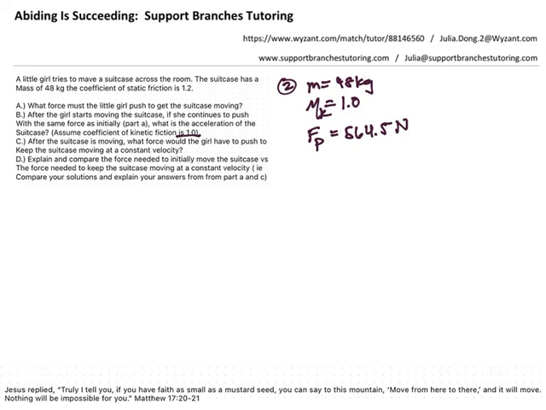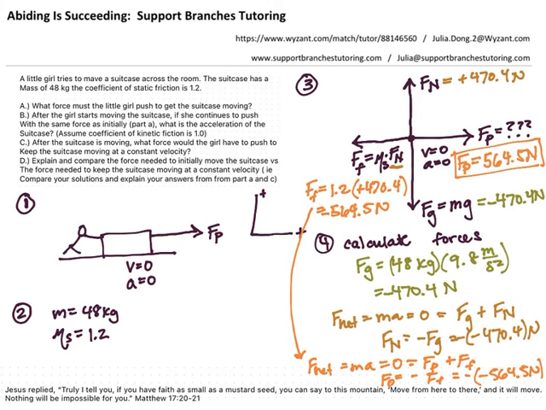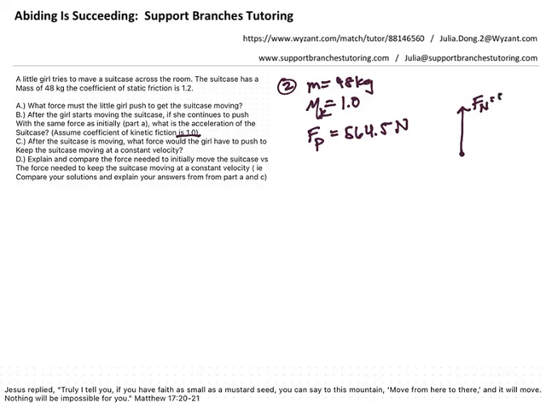And everything else we have in terms of our free body diagram is going to look very similar. We still have the normal force, and the normal force should still be the same thing, 470.4. We have force of gravity, negative 470.4. Here we still have friction, and we have the force of the push.